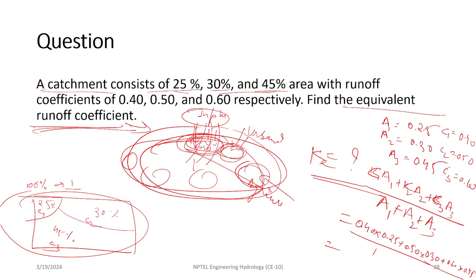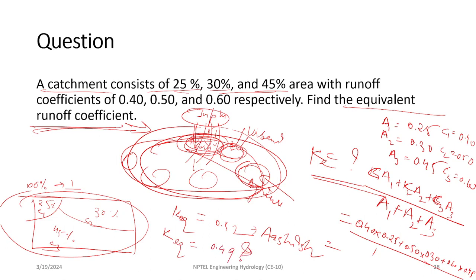Yeah, it's 0.52. Okay, you are getting 0.52. Ma'am, what about you? I get 0.49. I don't know whether I made a mistake in this, but I'm not using a calculator, I'm calculating on my mobile.